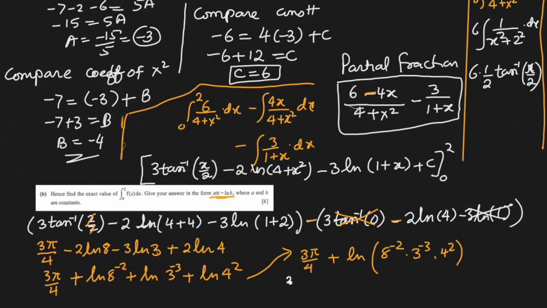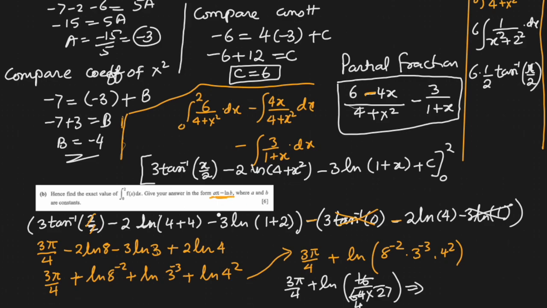So we can write this as 3 pi by 4 plus natural log. 4 square is 16. 8 square is 64, but because it's negative, it will become a denominator. And 3 cube is 27, it will also become a denominator. 16 times 4 is this. And this is in our format.